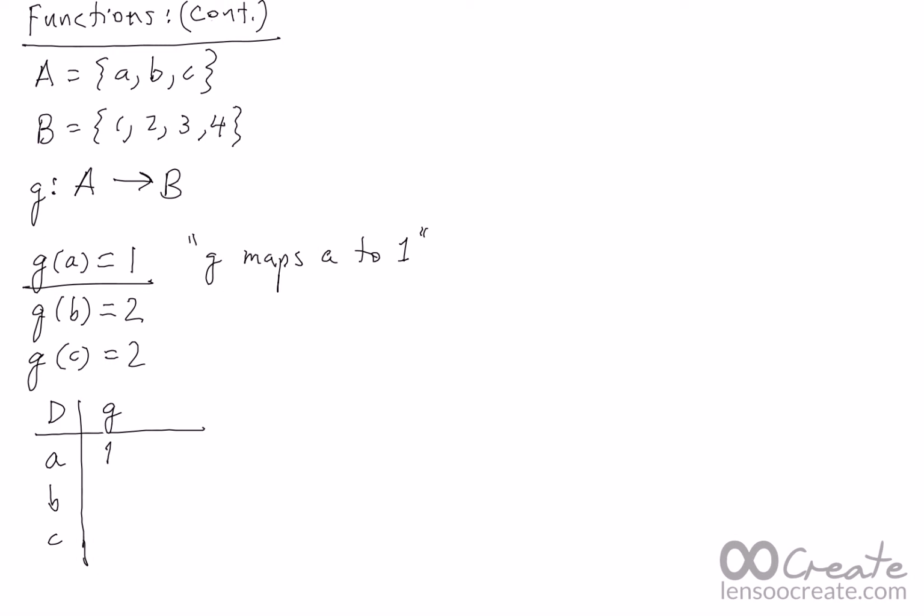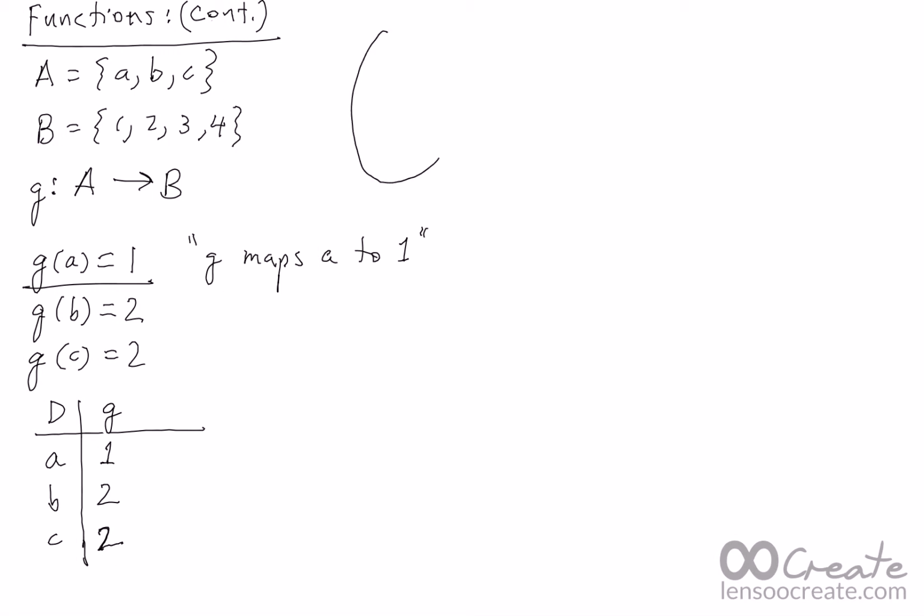So G maps a to 1, it maps b to 2, and it also maps c to 2. And so you can see that this is an alternate way of specifying a function G.